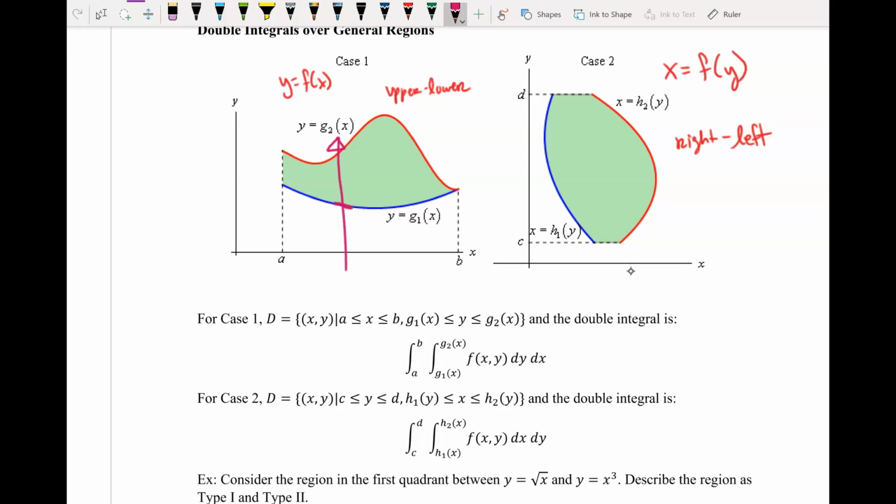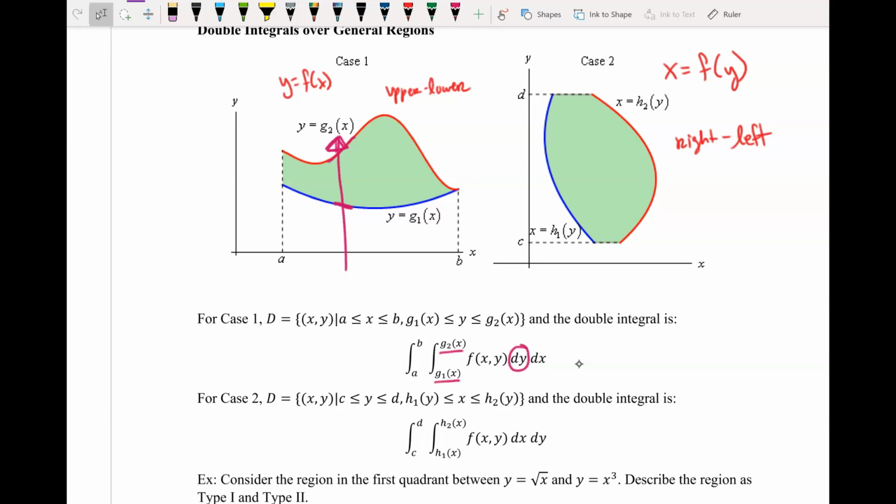You see how this hit g1 of x? That's why g1 of x is on the bottom. The graph the arrow comes out of is the upper limit, g2 of x. Because these are y values, and the arrow is going upward in the direction of y, the inner differential should be dy.